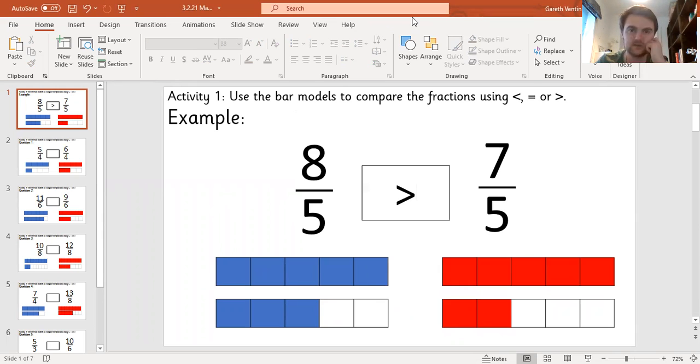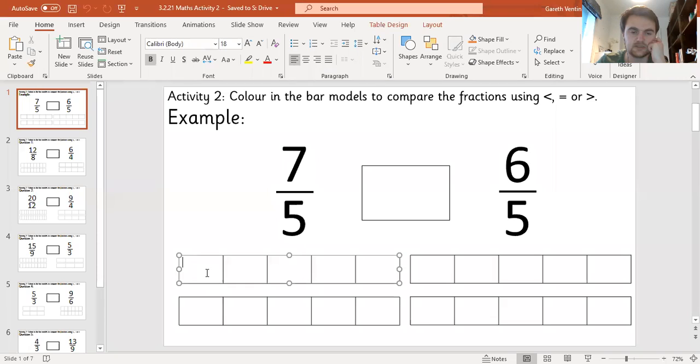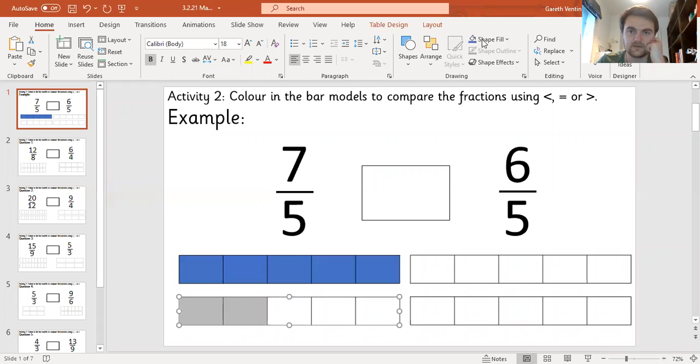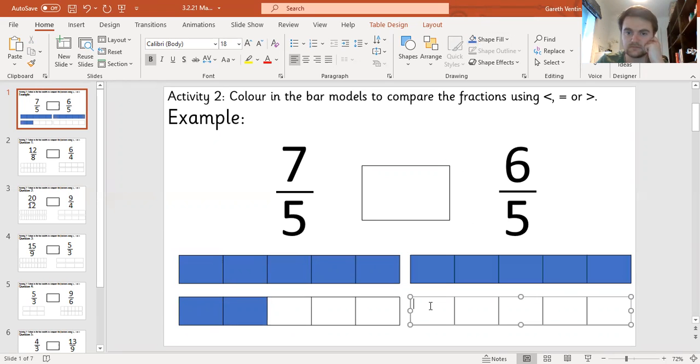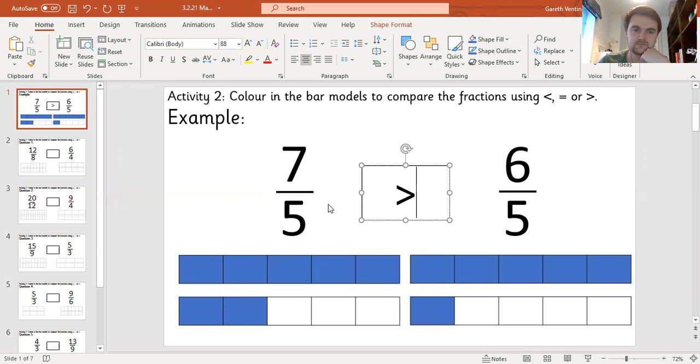For activity 2, exactly the same, except you haven't got the squares shaded in. So I need to shade in 7/5 for this number, 1, 2, 3, 4, 5, and then 2 more. And 6/5 for this number. And hopefully you can see that 7/5 is greater than 6/5.